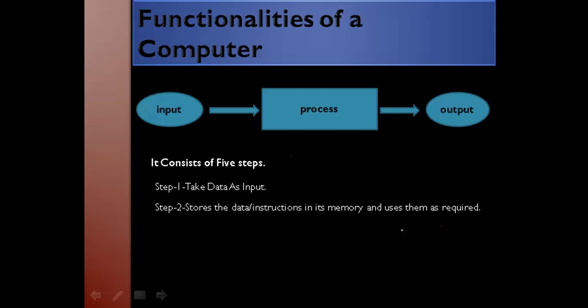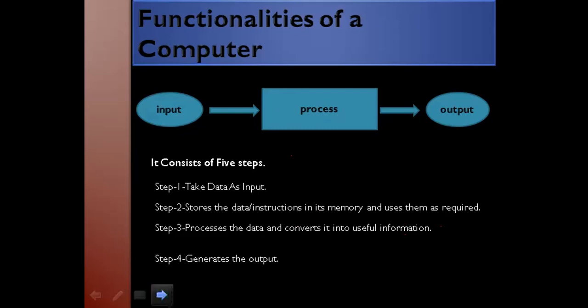ठीक है. So in step 3, it processes the data and converts it into useful information. In step 4, it generates the output as in the figure. Take input, process the data, and give us output. And in step 5, it controls all the above 4 steps.